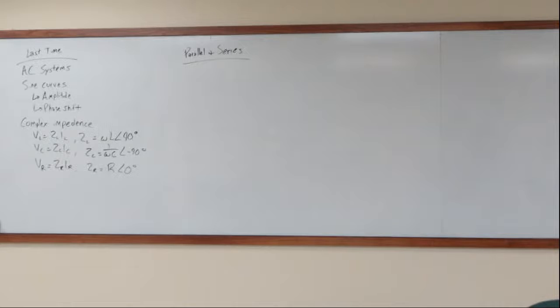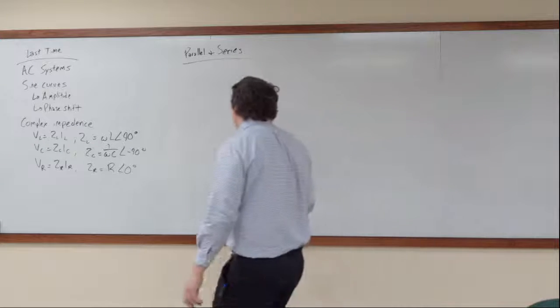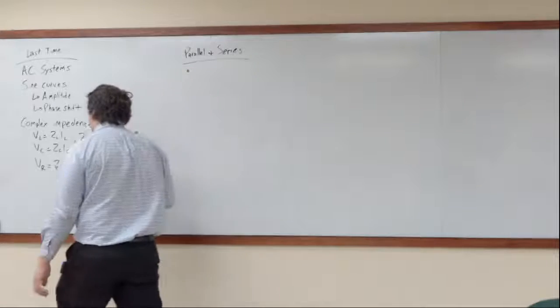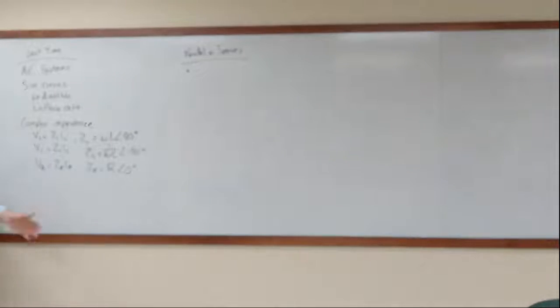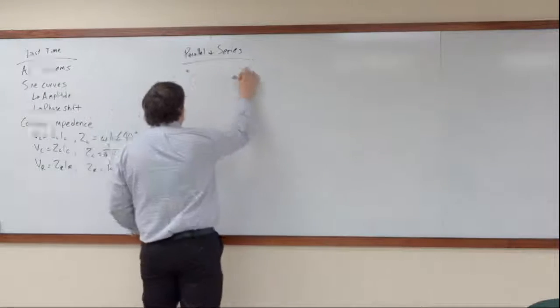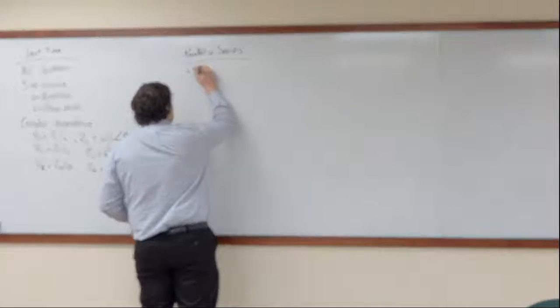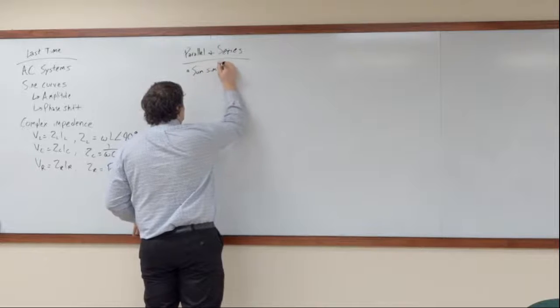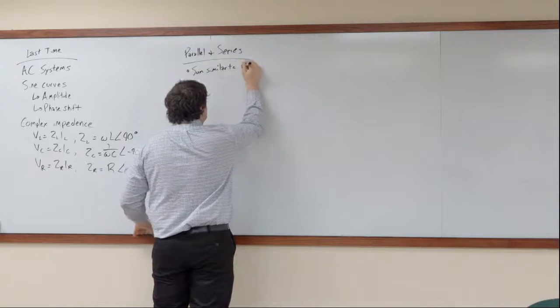So here, like I said, because of the form of this equation, this is a complex phasor form, this form is very similar to Ohm's law. A complex impedance can be thought of as a complex resistance. What we end up doing for parallel series configurations is they sum similar to resistances.